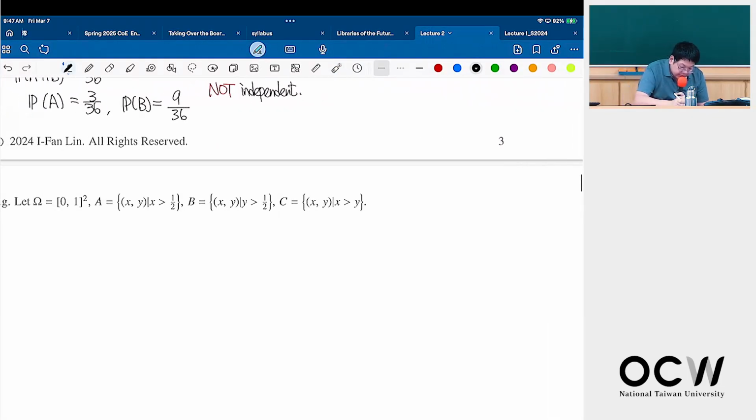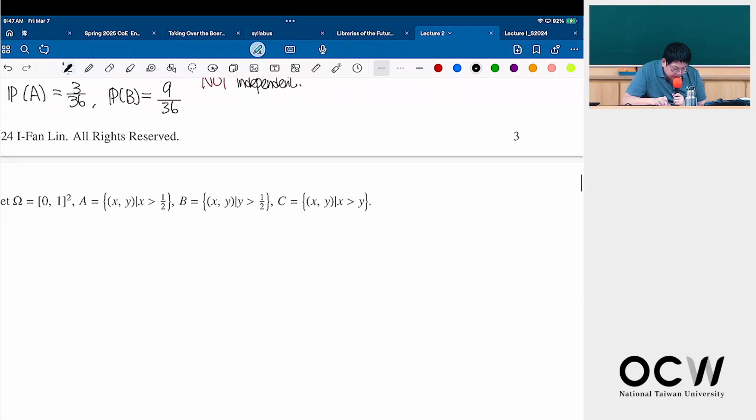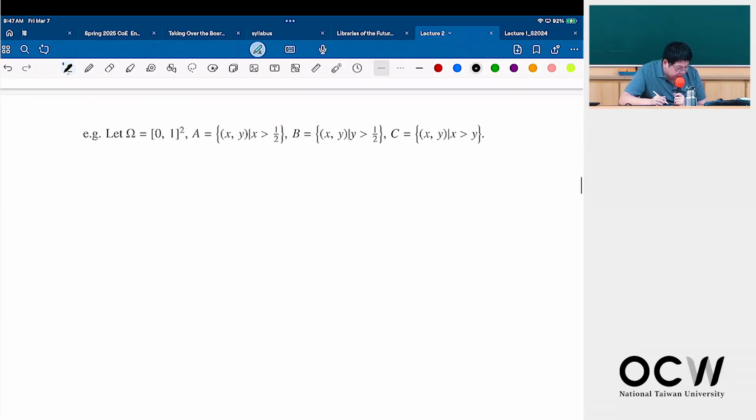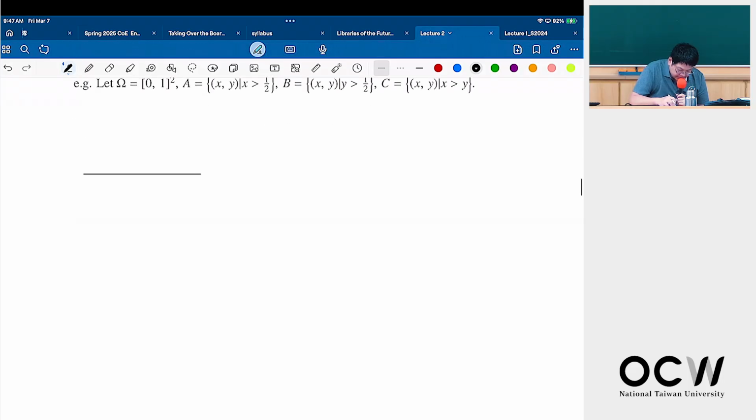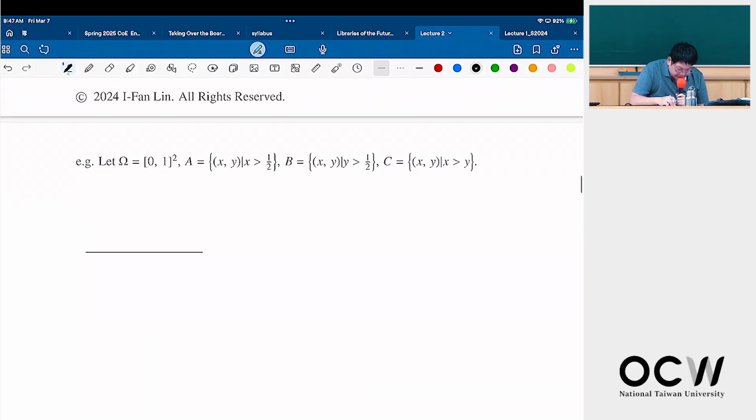First, for the sample space, omega, there will be 0, 1. It's 0, 1. So here's 1, and here's 1. Let's see.